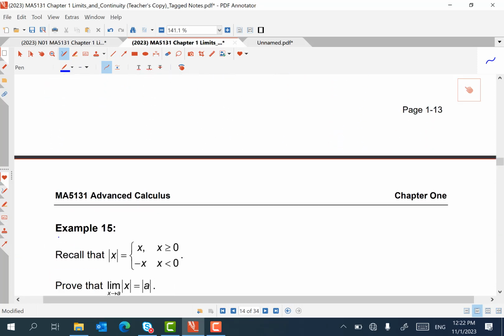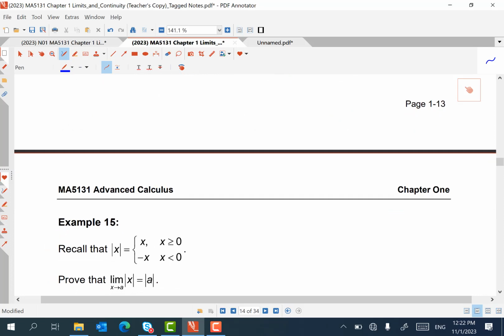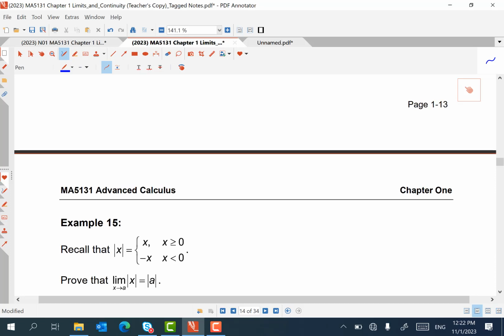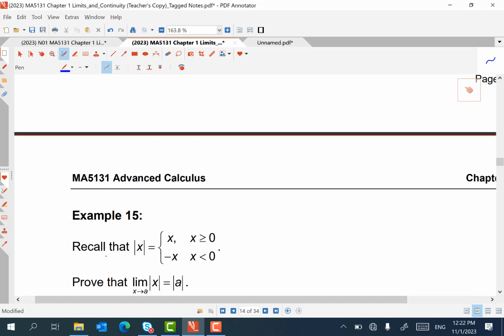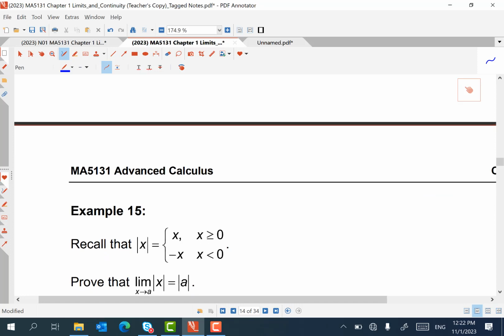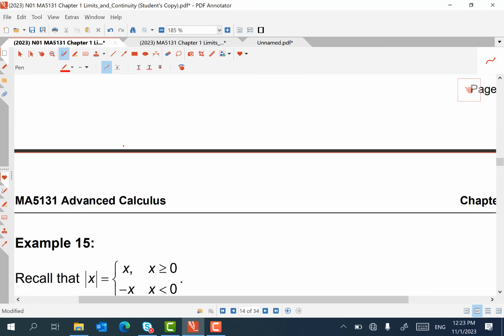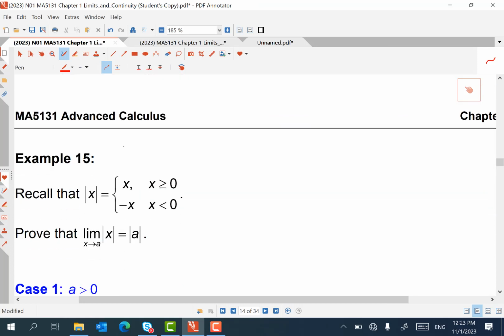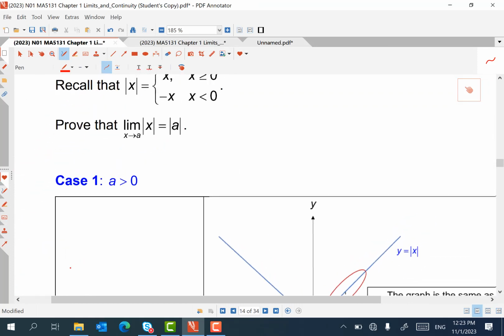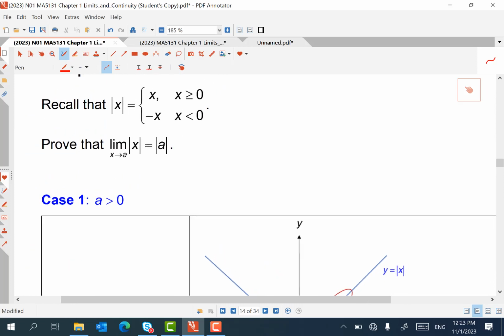Moving on. This one is a little bit harder now. In this question, you are asked to give a proof to this statement.